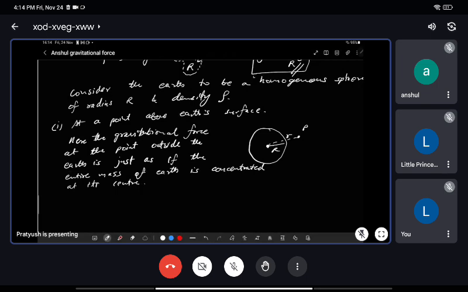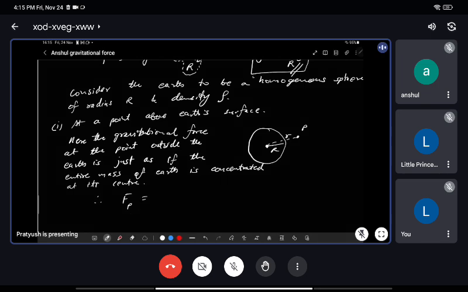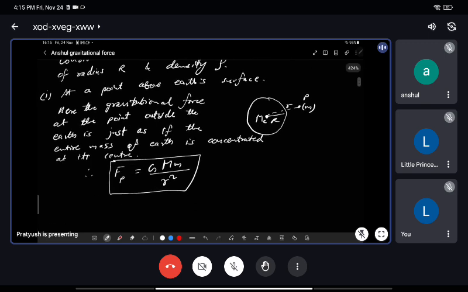Okay. So what will be the gravitational force at this point? Gravitational force at point P will be equal to G, capital M, mass of Earth, small m, mass of the body, divided by r square, the distance of the point from the center of Earth.